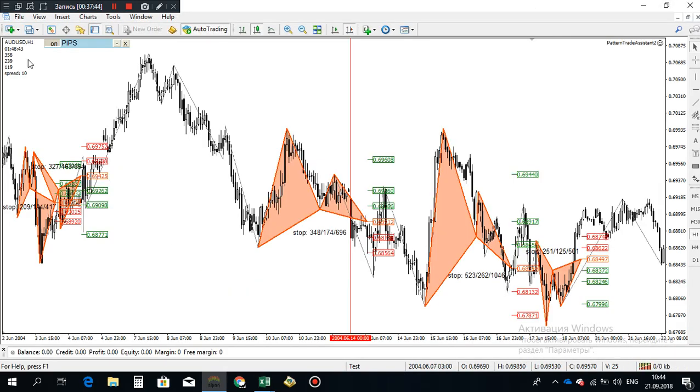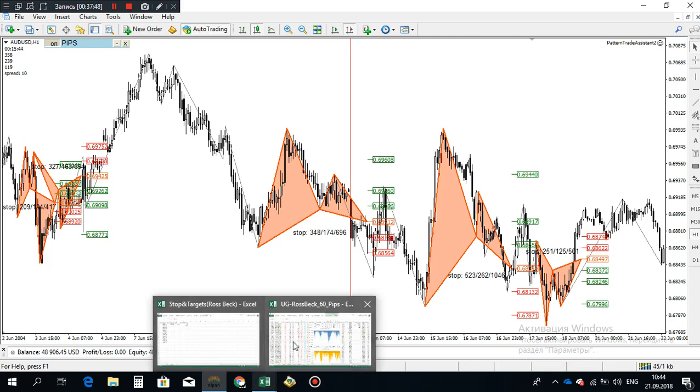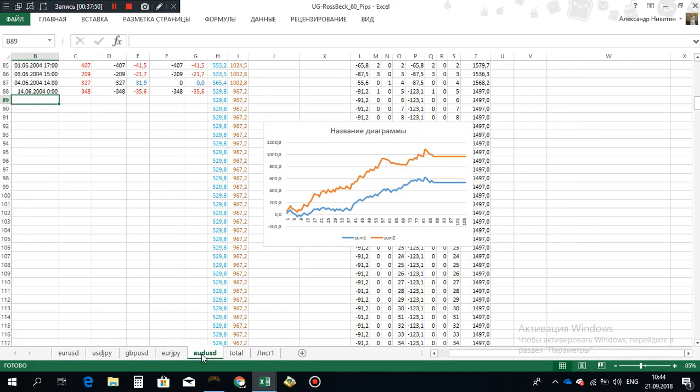So you see, this is the history of the Aussie dollar, the one that I am doing right now. Let's go to June 14, 2004, midnight. It was 34.8 pips of risk. It was a loss.